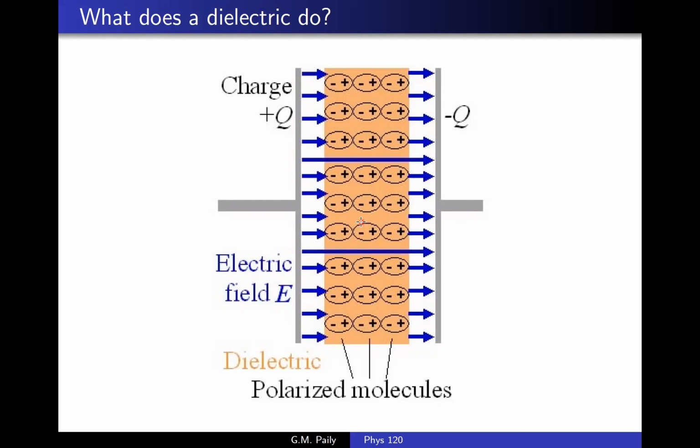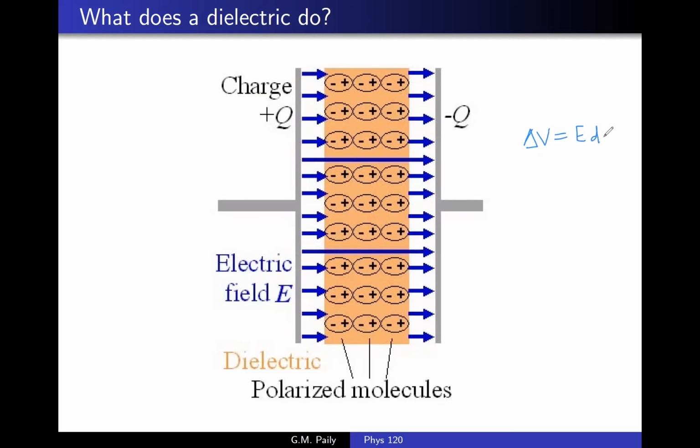A conductor would completely cancel out the electric field inside the material. But we've seen already that conductors have the problem that they would also neutralize the charge, allowing it to flow from one plate to the next. So dielectrics instead, even though they don't completely eliminate the field, they reduce it a lot and leave the charges where they are.